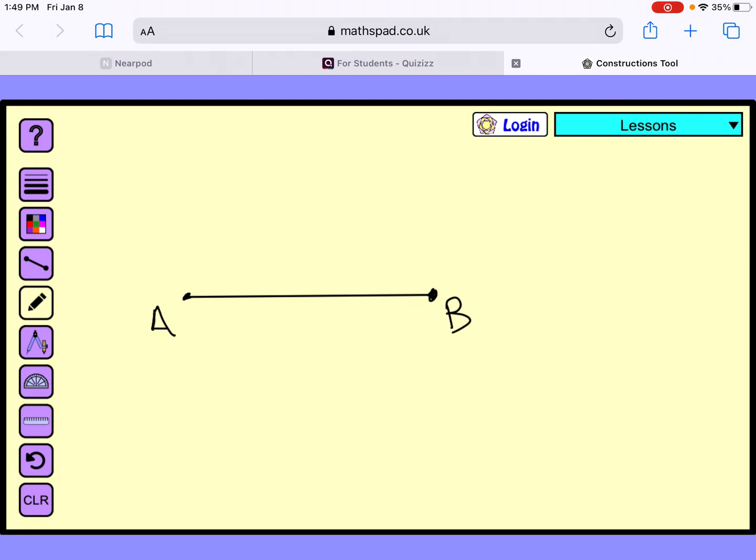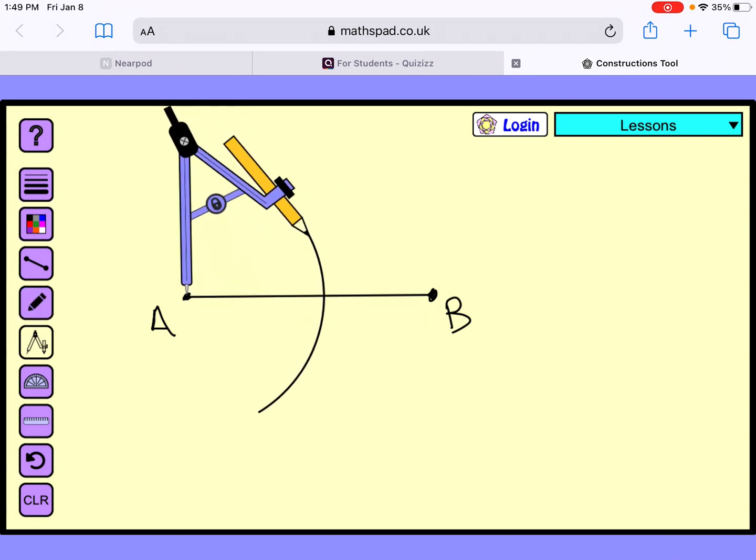You don't need to. And then we need our compass out. We need to move it. And now this time the book mentions, it says place the compass on A, use a compass setting that is greater than half the length of AB. So we need to make sure that is over half. So that looks like it's probably over half. We can lock it back in, and now we just need to draw our arc.